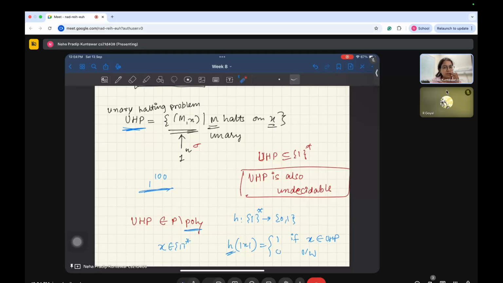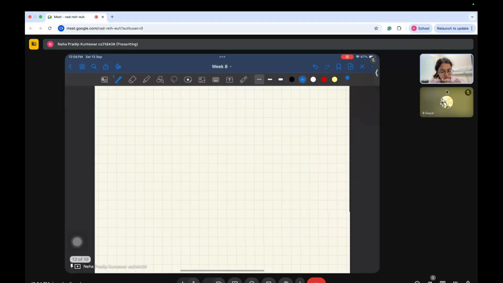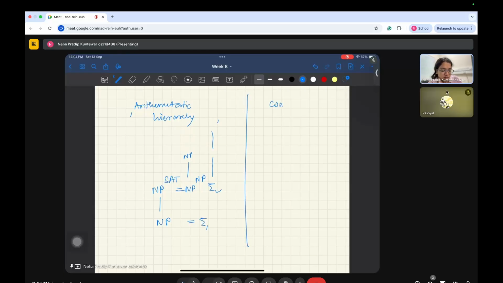Similarly, if we go to the computability world, we have a hierarchy similar to the polynomial hierarchy that we saw, where we have NP, the class of languages that become decidable if you give access to SAT, which is the same as NP to the NP. Then we have sigma 1, sigma 2, and so on. We had this hierarchy.